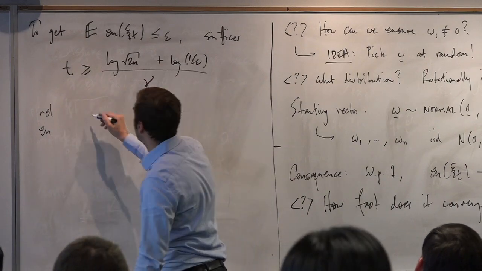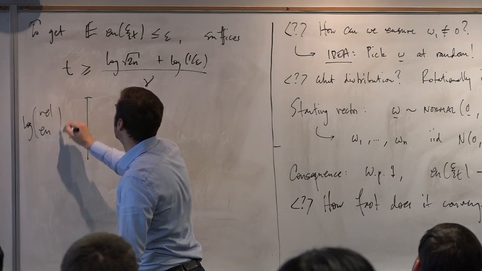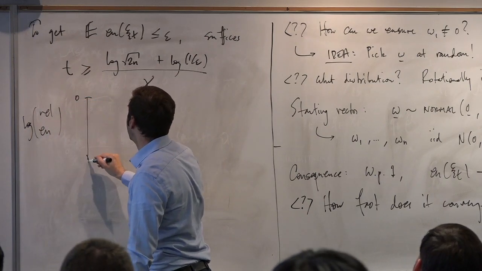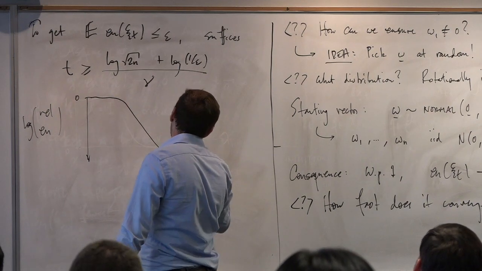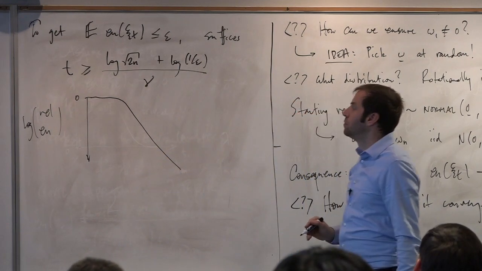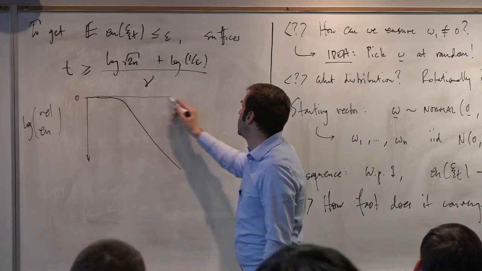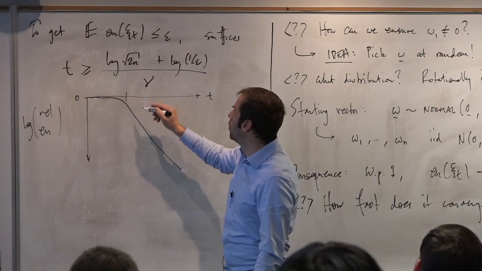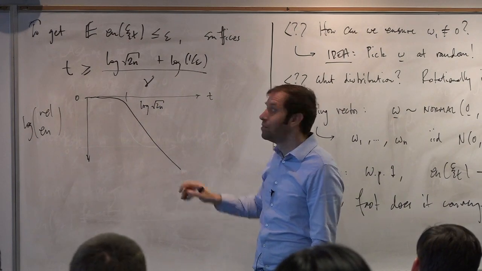That'll be clearer. So log of the relative error, here's 0, this goes on. For a while, the relative error does this, and then it starts converging linearly. So there's a burn-in period of about log root 2n steps when nothing happens.